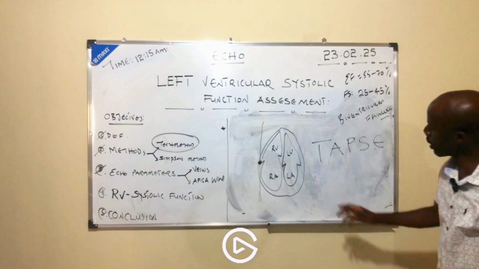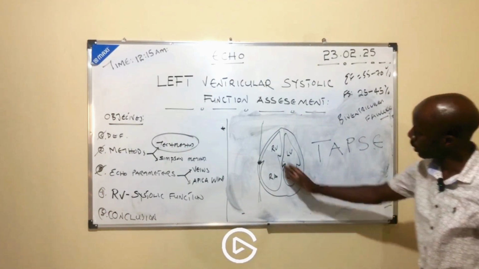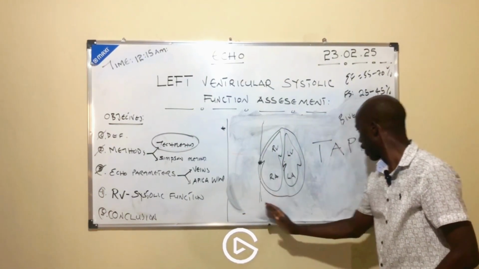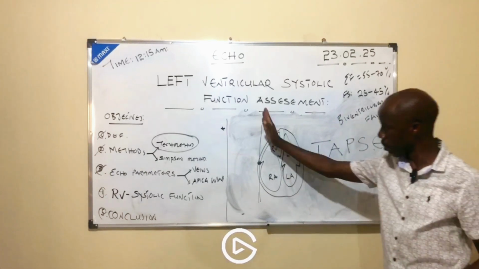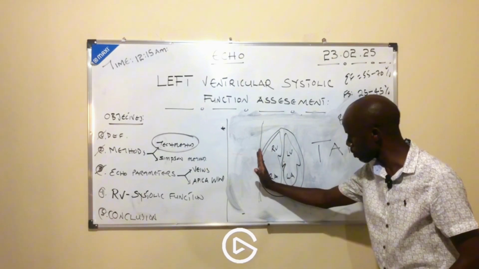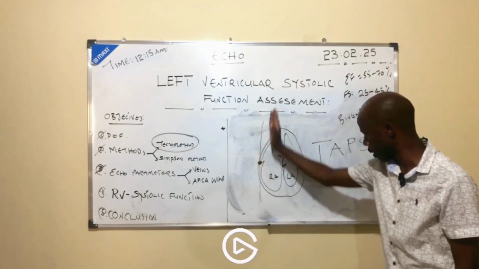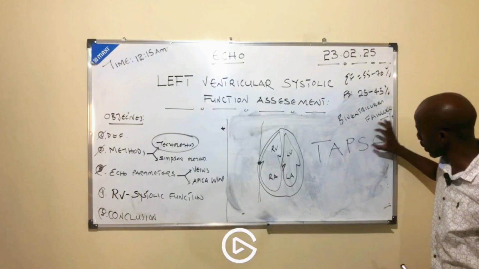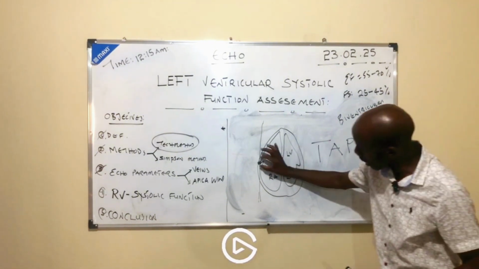This is the tricuspid annular plane, and it's at the annulus. So tricuspid, annular, plane, and then systolic excursion. So what is happening here?